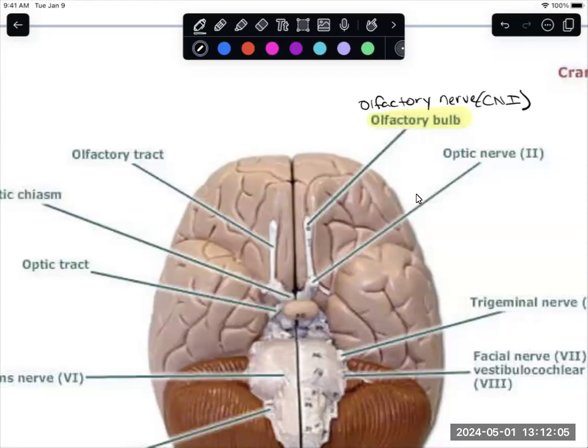This is the area that comes out on each side. The next nerve, the optic nerve. The optic nerve here is our cranial nerve 2. So it's going to be part of this through here, around. This is the cross where some of those neurons are going to cross sides to help process information.